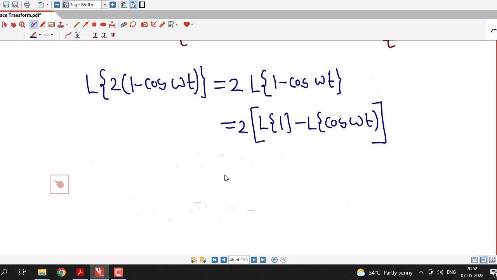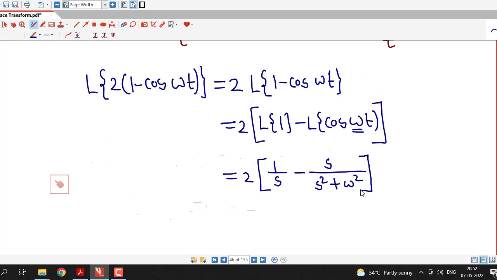We have ready-made formulas for both the Laplace transforms. We know that Laplace transform of 1 is 1 divided by s. Laplace transform of cos function is s divided by s square plus square of coefficient of t, which is omega square here.